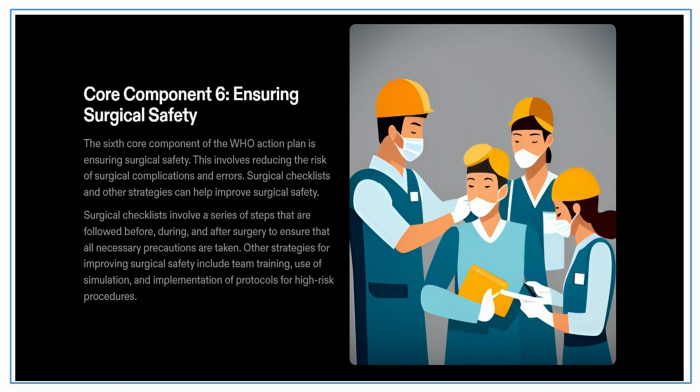Surgical checklists involve a series of steps that are followed before, during, and after the procedure to ensure that all the necessary precautions are taken. Other strategies for improving surgical safety include team training, use of simulation, and implementation of protocols for high-risk procedures.